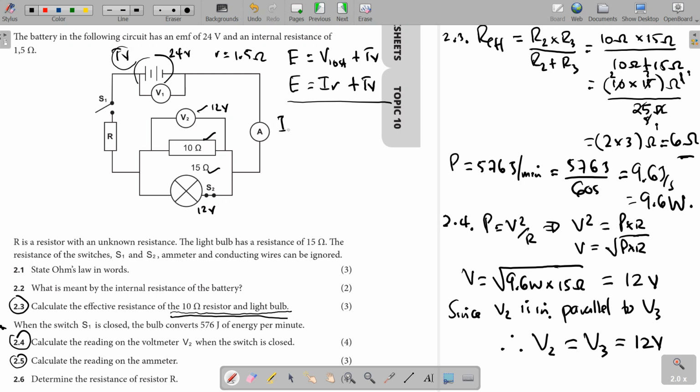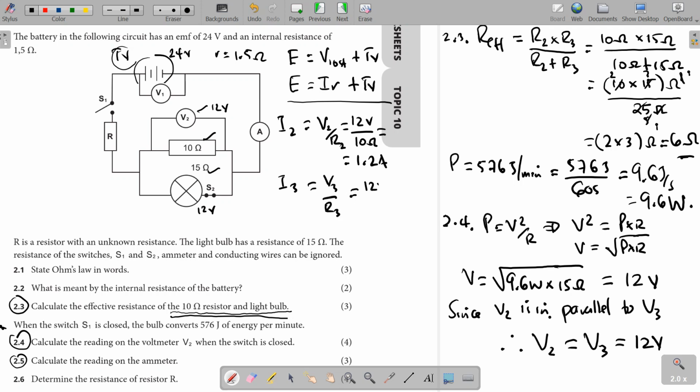So I2 will be equal to V2 over R2, which is 12 volts divided by 10 ohms. That gives us 1.2 amperes.